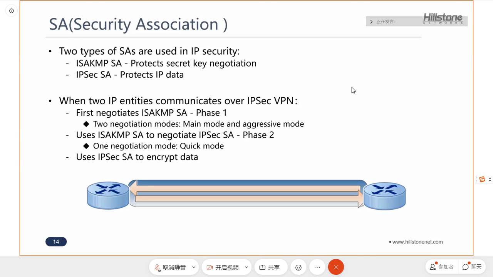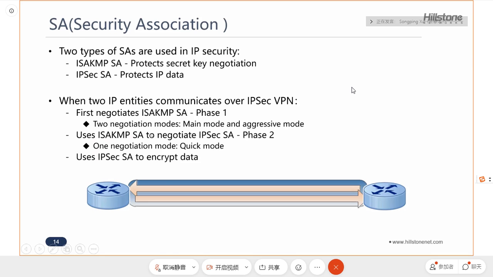For the phase one negotiation, we have two negotiation modes. One we call main mode, another we call aggressive mode. What is the difference between main mode and aggressive mode?